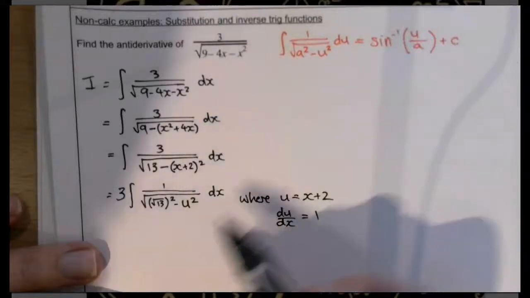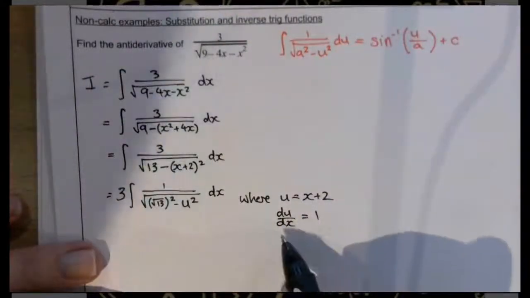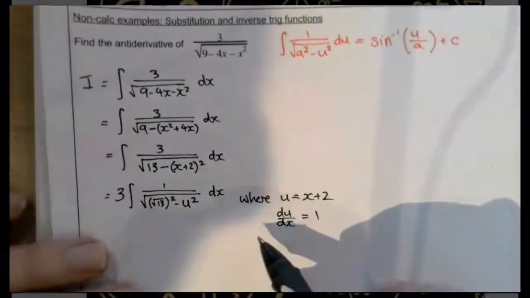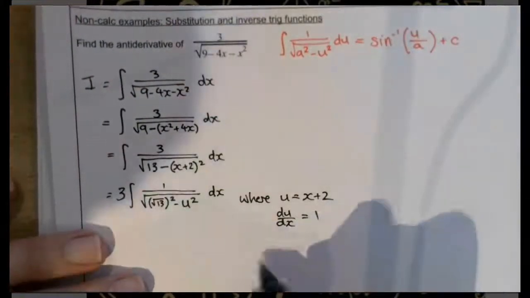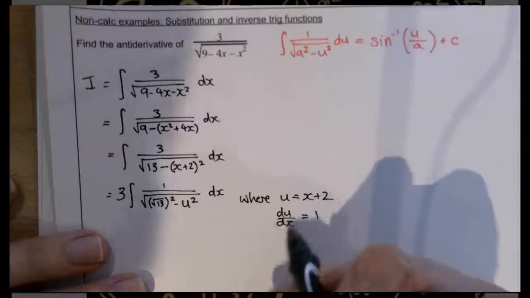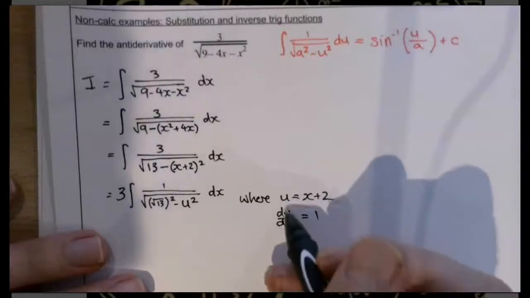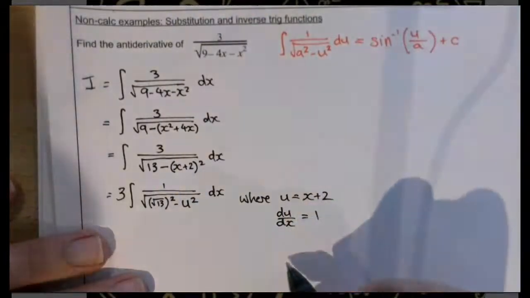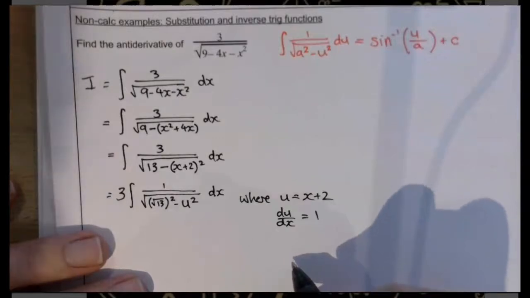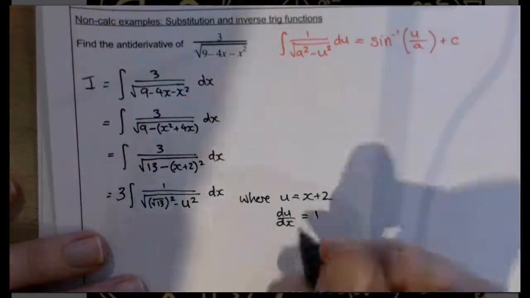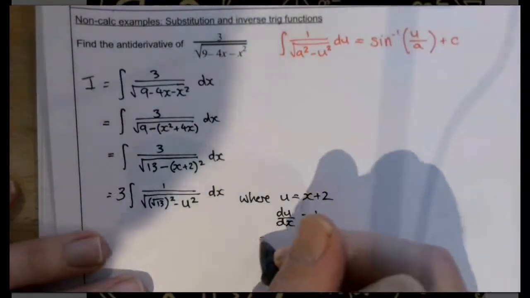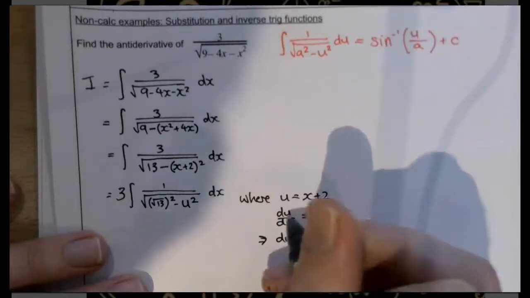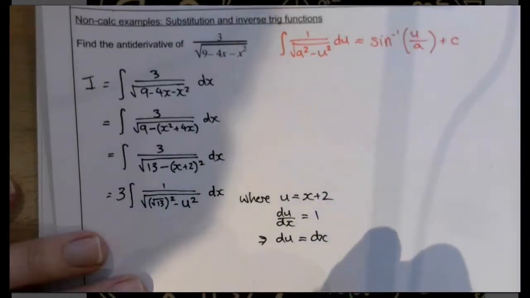And I'm just going to show you, in comparison to the previous questions, a slightly informal but powerful way to think about this. These aren't fractions. Remember, we always say that, right? They're not fractions, but we can think about them using our rules and notation of fractions, because it's a ratio. So in other words, du equals dx, because du by dx equals 1.